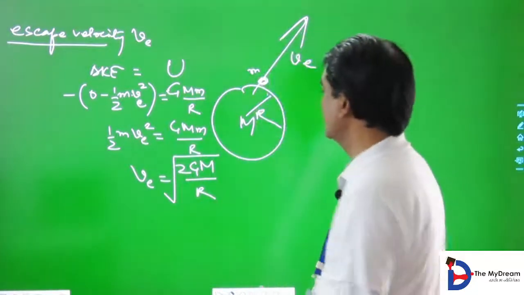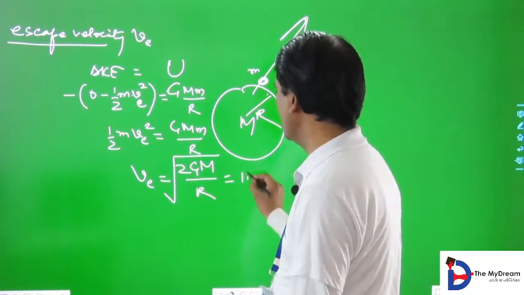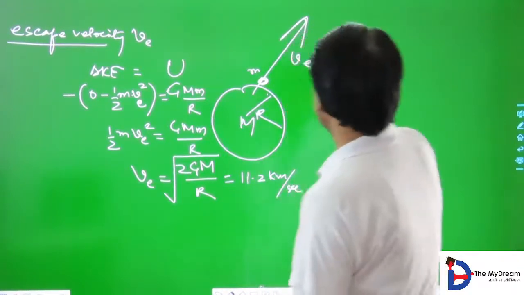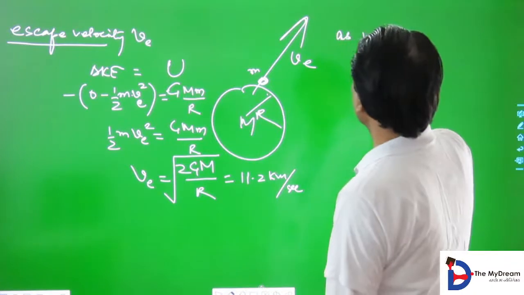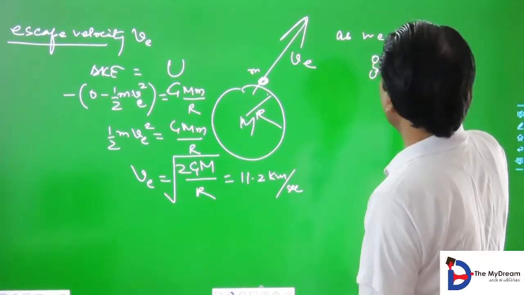दिस आप जब इनकी वैल्यू रखोगे तो 11.2 किलोमीटर पर सेकेंड आ जाएगा. अगर आपको लिखना, as we know, g is equal to GM by r square.